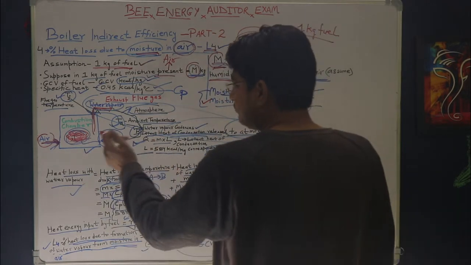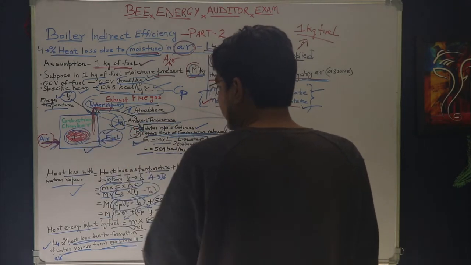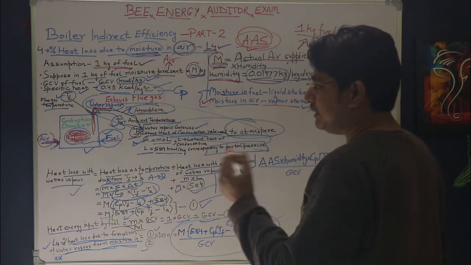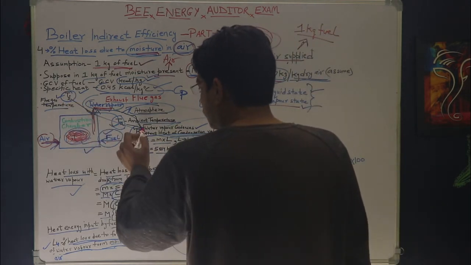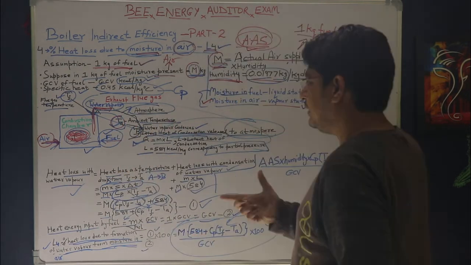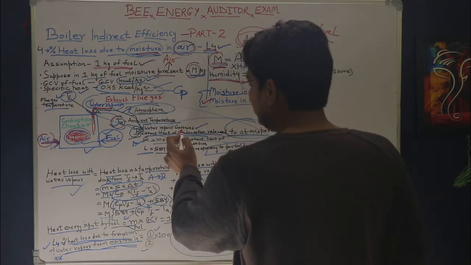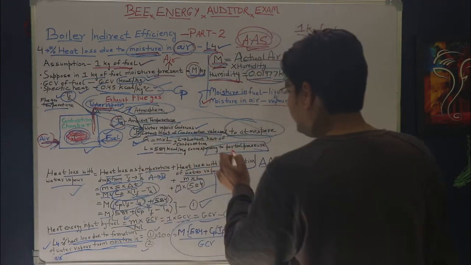Now you can see here, as the water vapor moves from point A to point B, the temperature of water vapor reduces from Tf to Ta, and accordingly heat will be rejected to atmosphere, and subsequently water vapor will condense outside, and accordingly latent heat of condensation will be released.